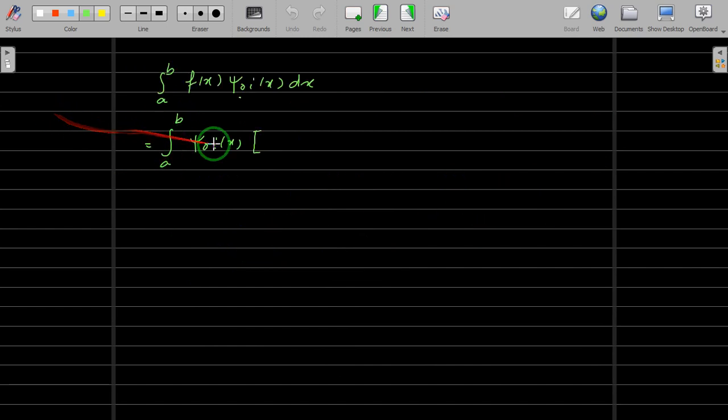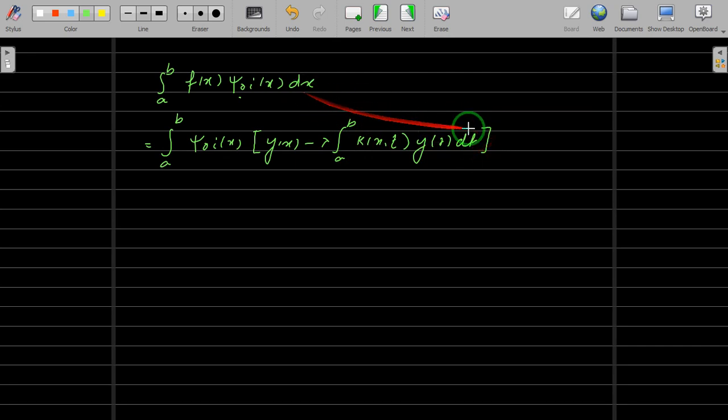So y of x minus lambda integral a to b k(x,t) y(t) dt, then this dx.